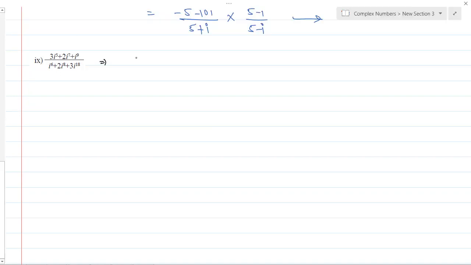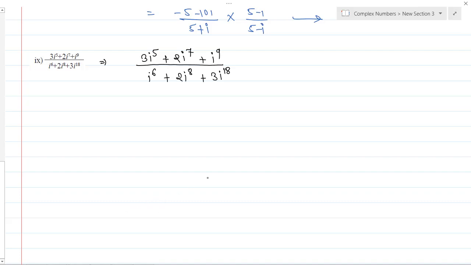Let's rewrite this question. It's (3i raised to power 5 plus 2i raised to power 7 plus i raised to power 9) whole divided by (i raised to 6 plus 2i raised to 8 plus 3i raised to 18).